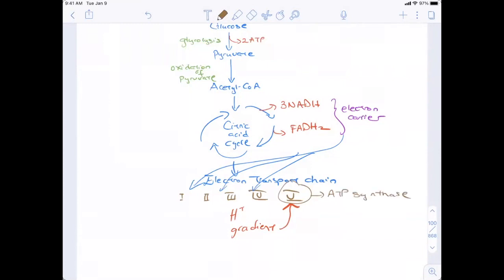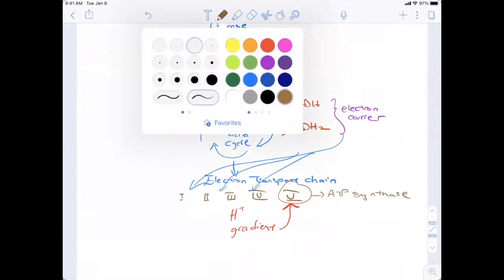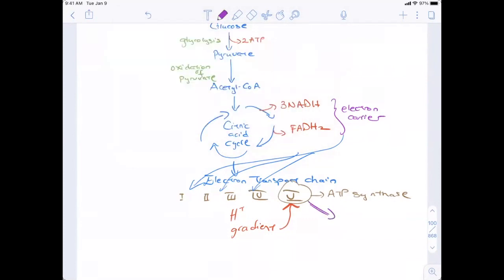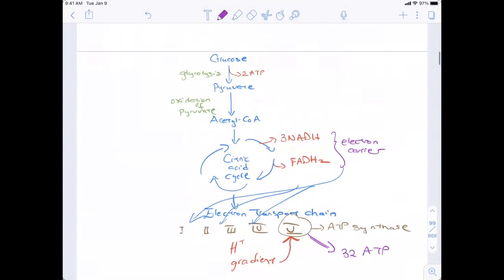Once you exchange all these electrons, you generate enough energy to drive complex 5 to make ATP. And here's the beauty of the whole process. The amount of ATP you can get from this is about 32 ATP. So do the math. 32 obviously beats 2. That's why we go through this process, right? Because we can use more and not rely on glycolysis to give us just 2.